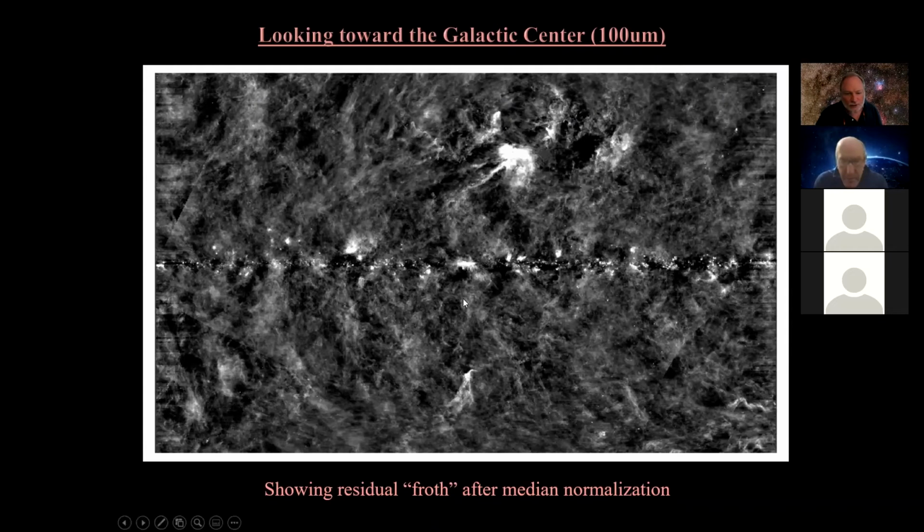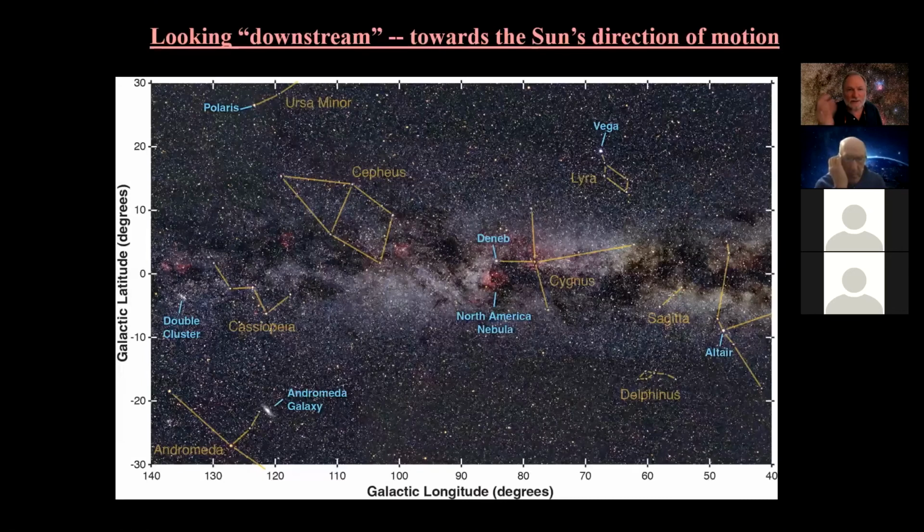If you were wanting to understand the biochemistry of star-forming regions, what sort of molecules, these are the regions that you'd be looking at. Okay, let's move downstream towards the sun's direction of motion.